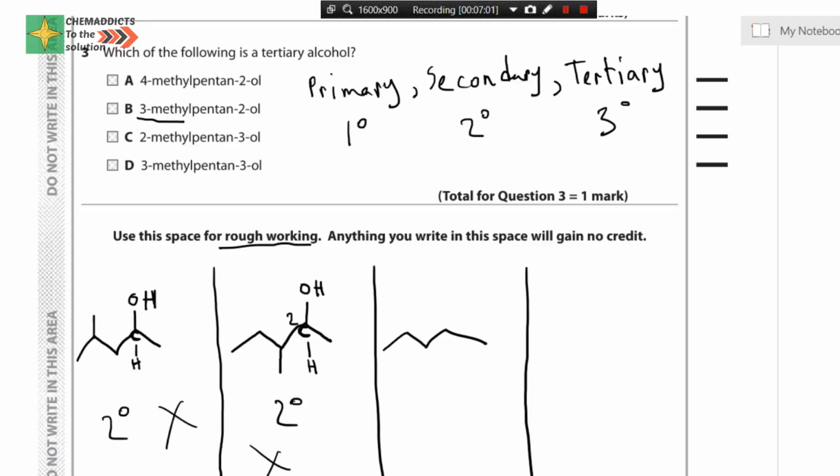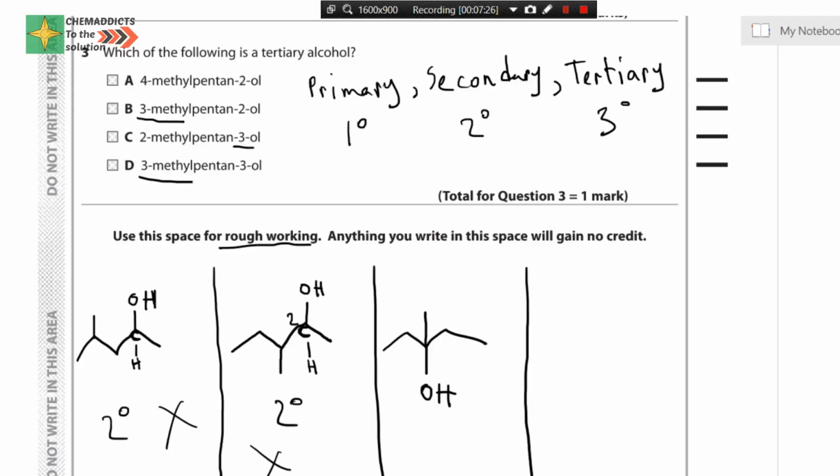The hydroxyl group would be on the third carbon, 1 2 3, and the methyl group will also be on the third carbon.